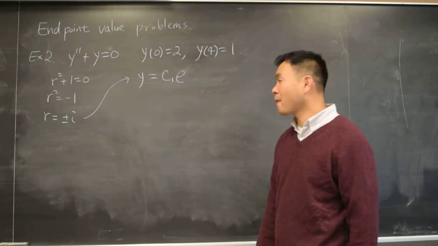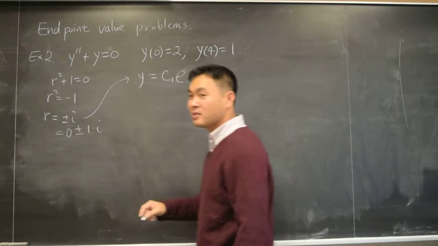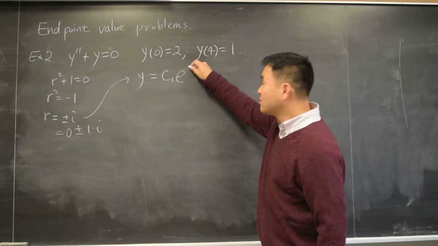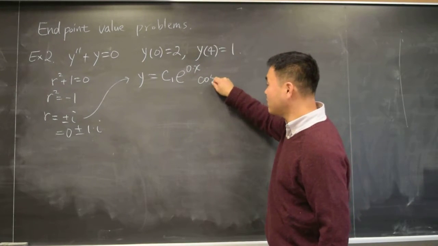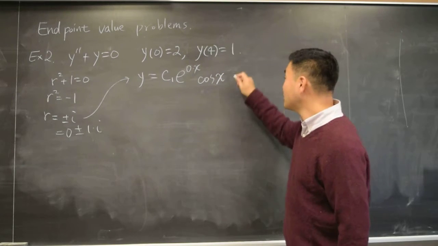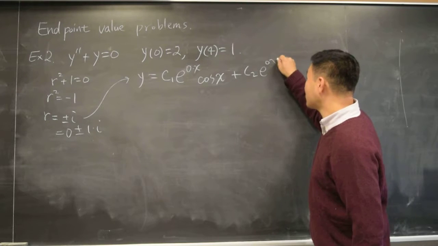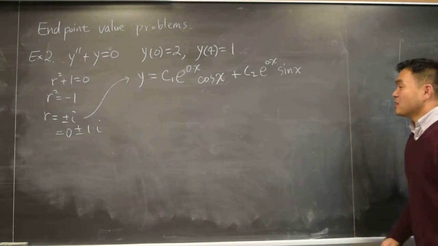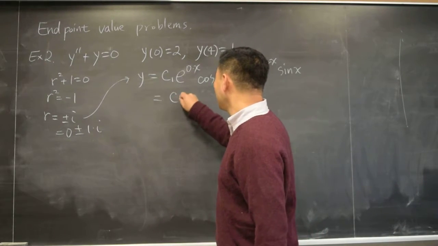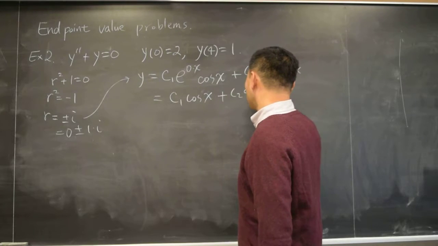Just the x, right? This is 0 plus minus 1i, right? So what is it? e to the 0x times cosine x, right? Plus c2 e to the 0x sine x. Then you have c1 cosine x plus c2 sine x as your answer.